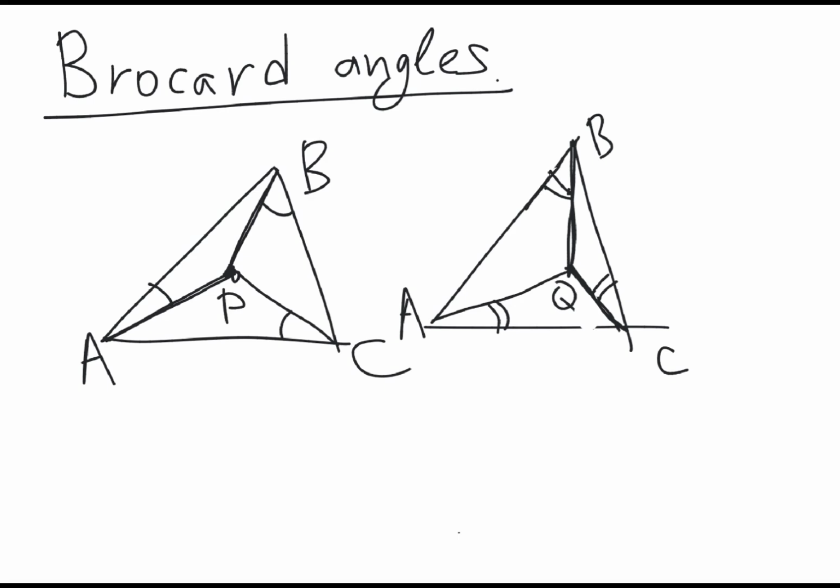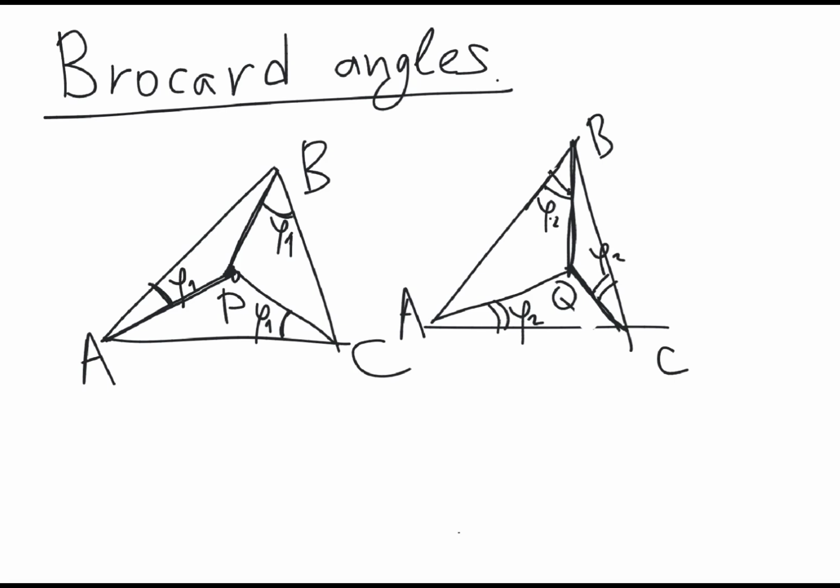So now the question is, what are these angles? For the first Brocard point, these three equal angles, let's denote it by phi1, and the angle for the second Brocard point, let's denote it by phi2.